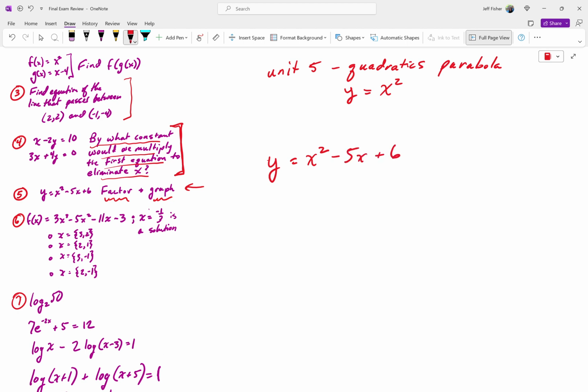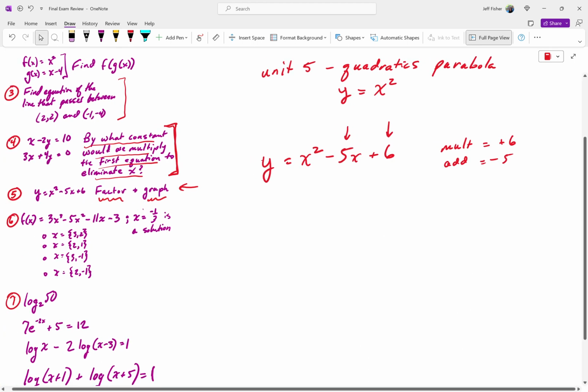Let's first talk about how we factor it. We have to find factors of 6, two numbers that multiply to equal positive 6 and add to equal negative 5. Well, clearly 6 and 1 are going to be the answers, right?